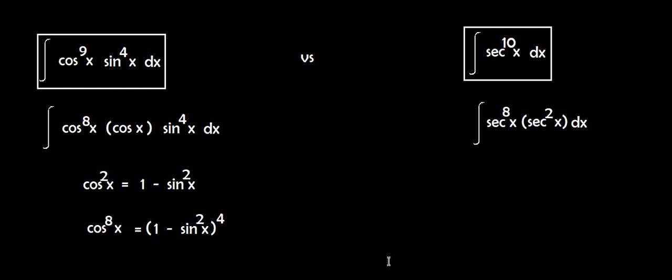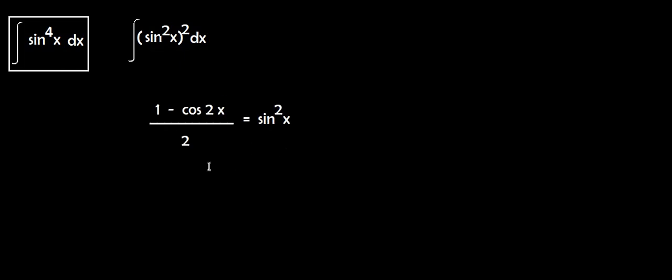So let's discuss another problem where this rule is violated. Sine to the power of 4x: we have an odd trigonometric ratio having an even power. It is not valid for this rule, so we need a different path to solve such problems. So we can write sine to the power of 4x as sine square x whole square dx, and we can substitute 1 minus cos 2x by 2 in place of sine square x, since it is an identity.